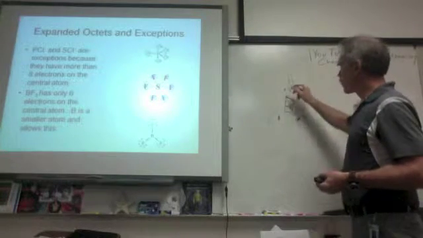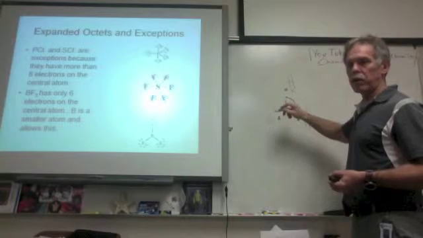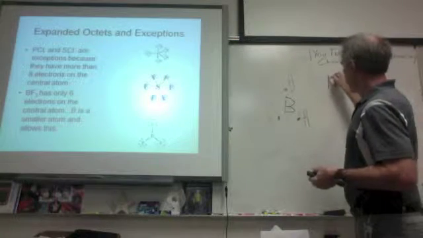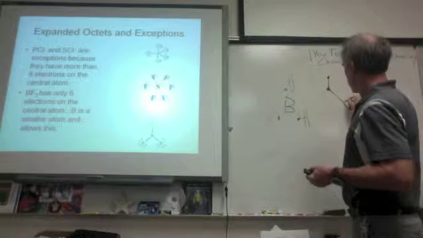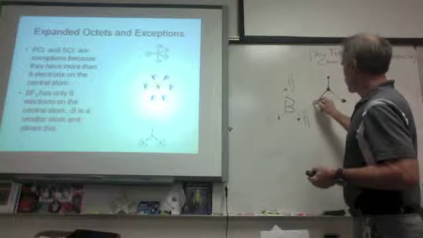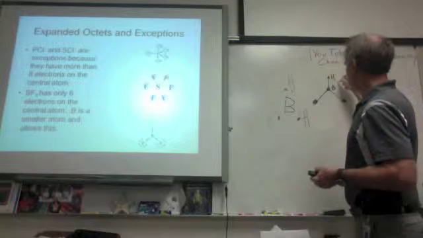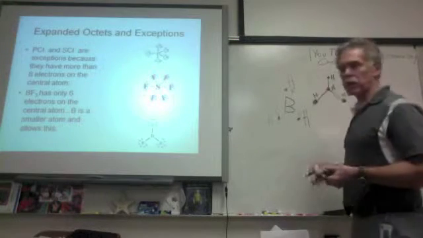Because there's no central unshared pair, the easiest way for this to exist is a planar molecule, all in the same plane. This is called trigonal planar, where this is boron, these are hydrogens. Trigonal planar.